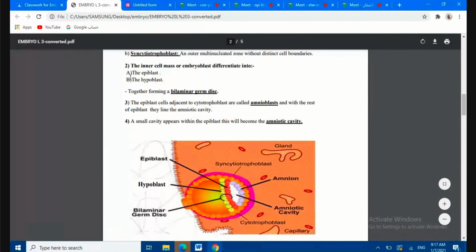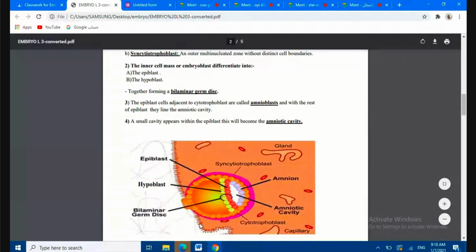So the inner cell mass or embryoblast differentiates into epiblast and hypoblast. We studied it in the practical as well. We said the inner cell mass, which we call the embryoblast, will be the embryo itself in the future. It will differentiate into epiblast and hypoblast. So the red one is epiblast and the yellow one is the hypoblast. Together they will be called bilaminar germ disc.